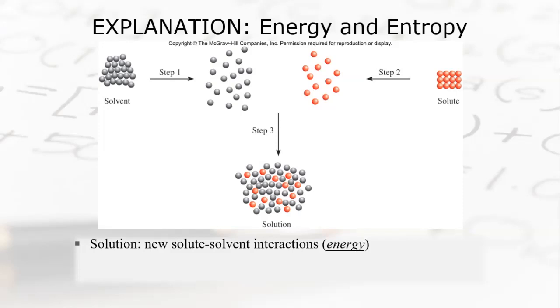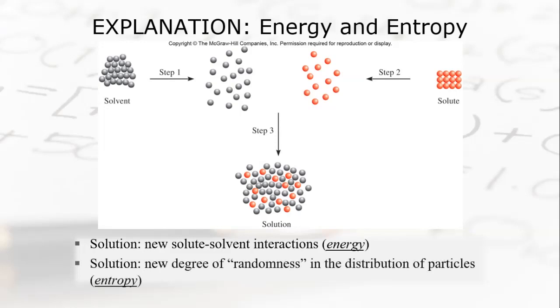But the other thing you can see here, and this is perhaps more evident for the solute, because I deliberately started with a solute that was pretty highly organized, like a solid, is that in the solution, you can see where there is a new degree of randomness in the distribution of particles. This was that property that we learned about last time. We call it entropy.